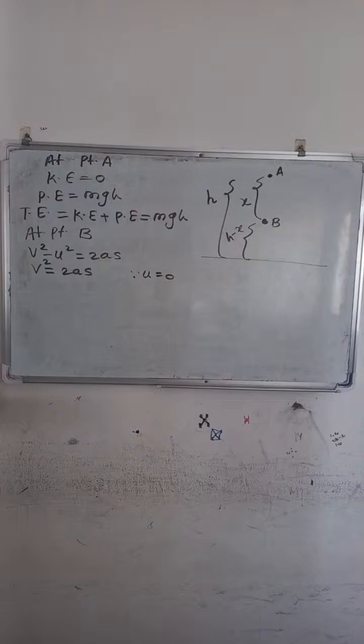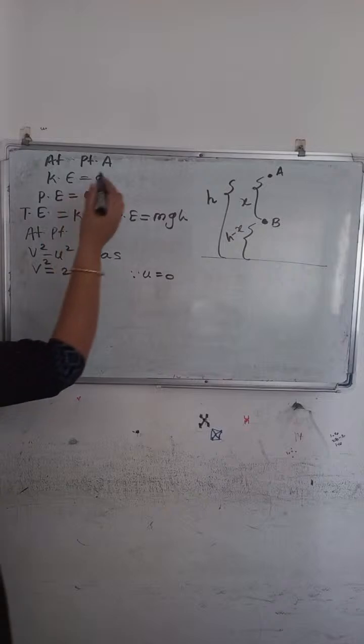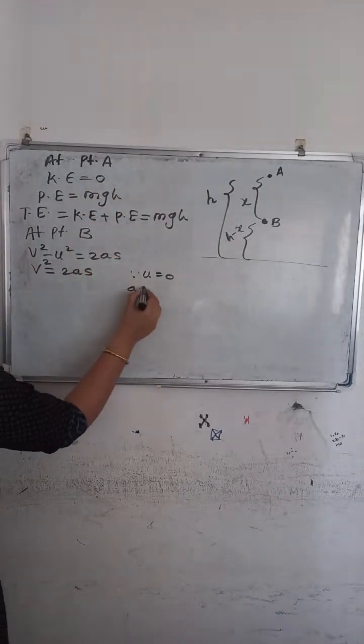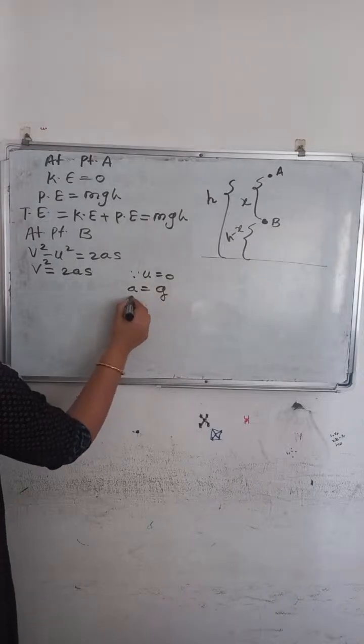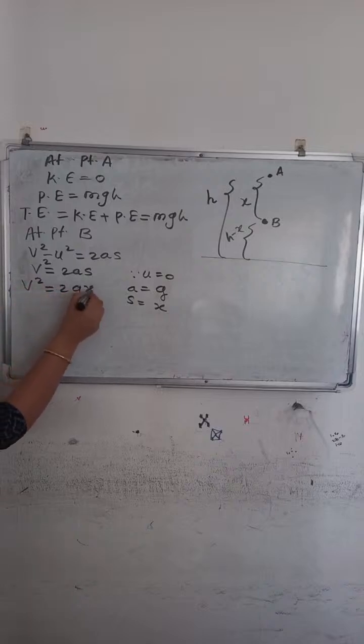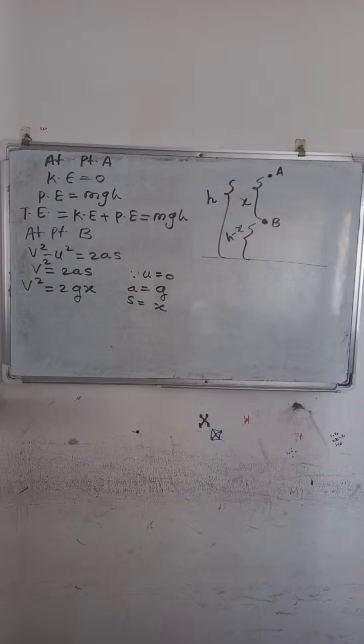Here acceleration a is g, as the body is freely falling from top to bottom, and s is x. So v square is equal to 2g into x.